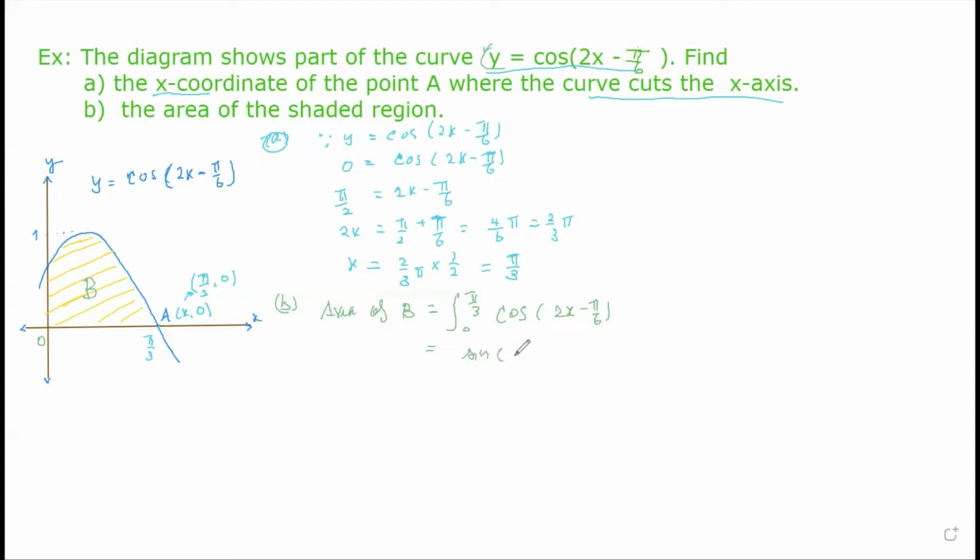So we have sine 2x minus pi over 6. And then we have to differentiate inside cosine. So differentiate 2x minus pi over 6. And then from where to where? From 0 to pi over 3.